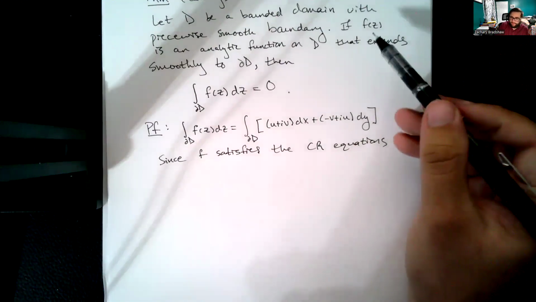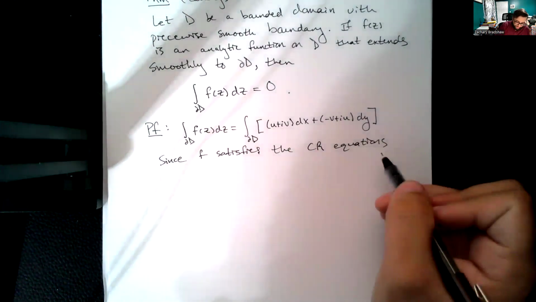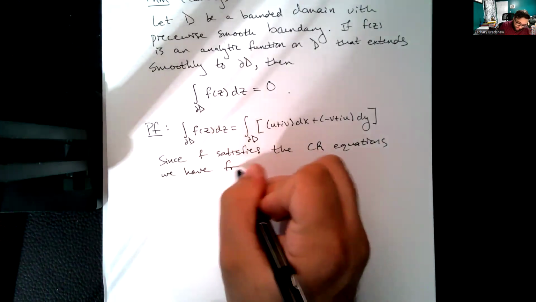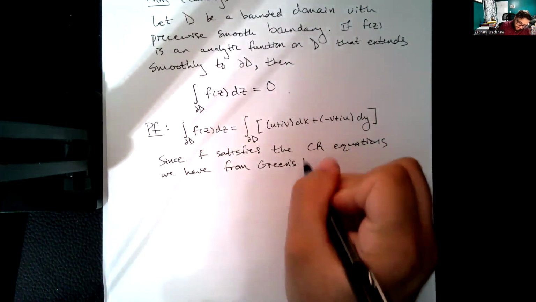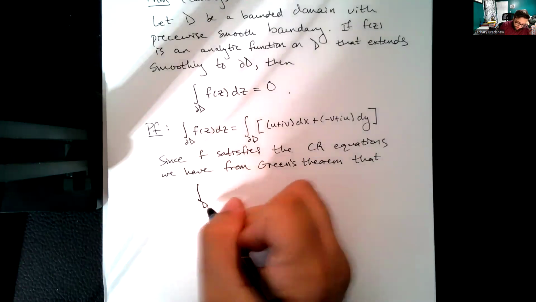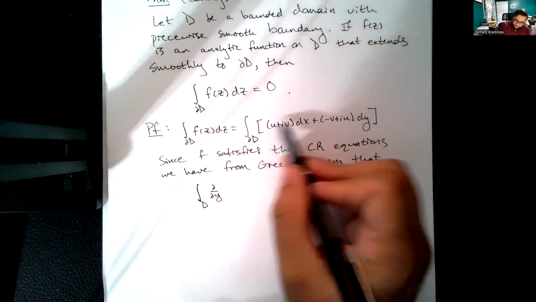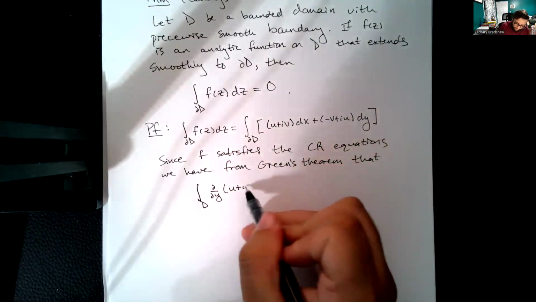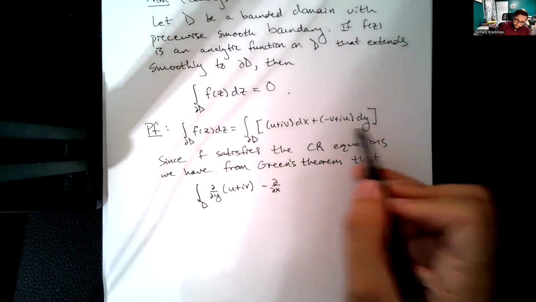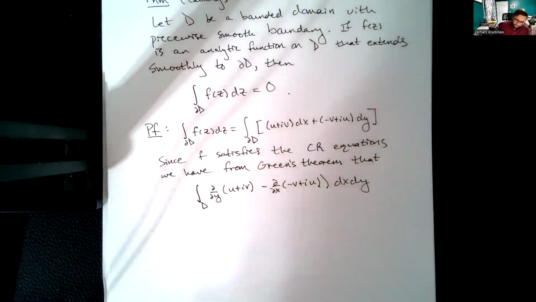so remember f is analytic by assumption, and analytic functions satisfy the Cauchy-Riemann equations. So since f satisfies the Cauchy-Riemann equations, we have from Green's theorem that the integral over the boundary of the y derivative of the guy in front of the x differential, minus the x derivative of the guy in front of the y differential, we're integrating over this two-dimensional domain now.